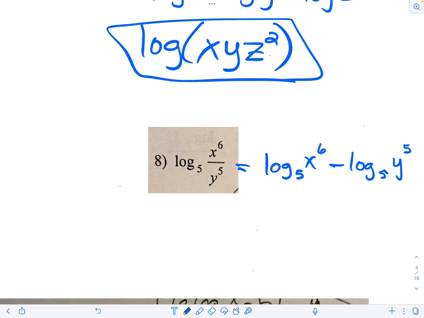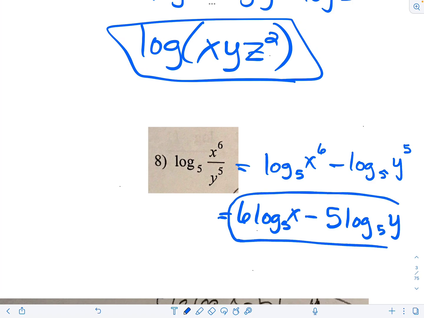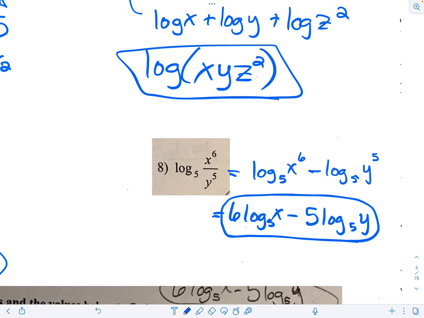And now, if I want to expand it to be a log to a single power, that's 6 log x base 5 minus 5 log y base 5. Expanding is a skill just like contracting.